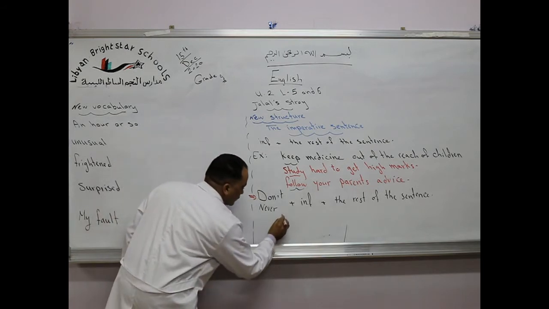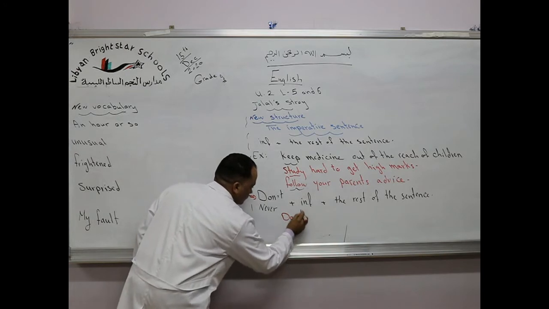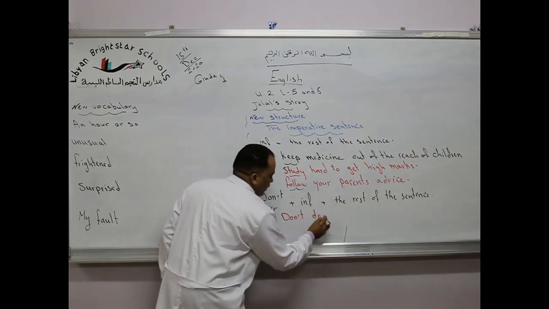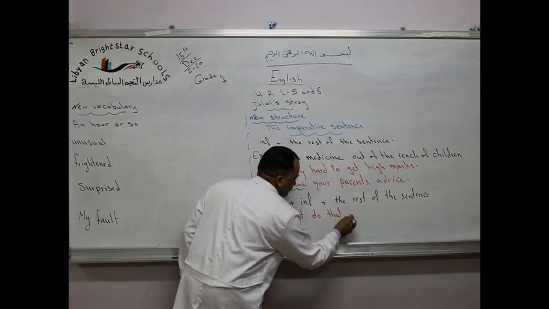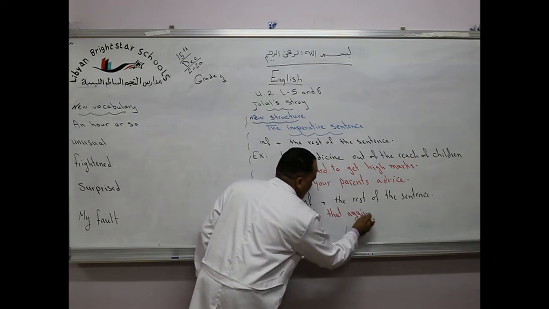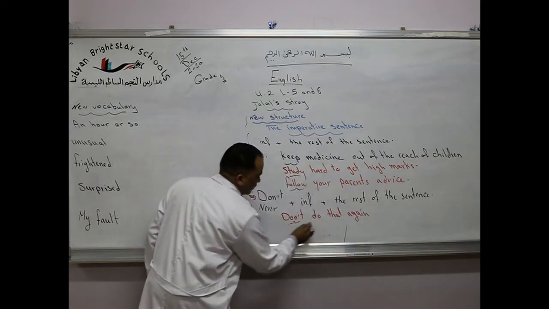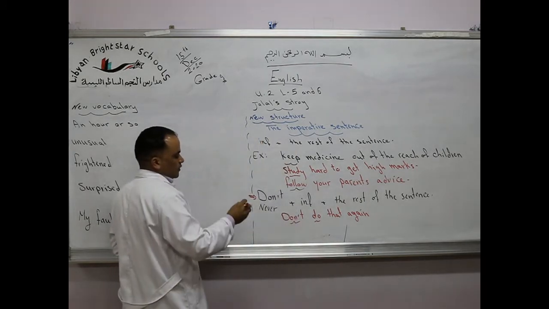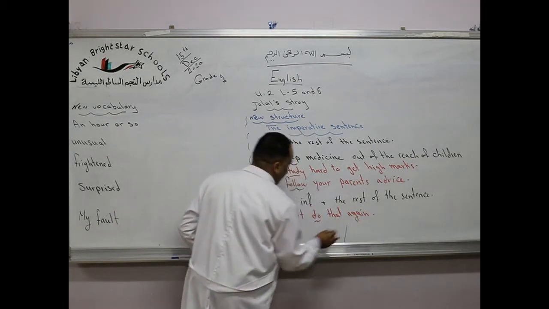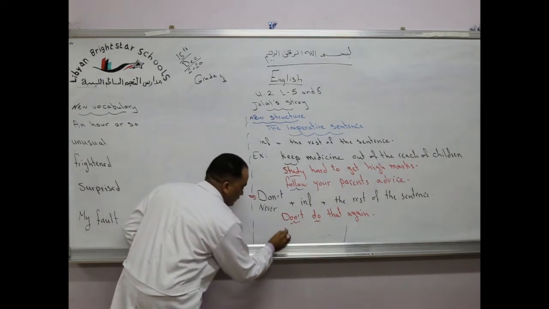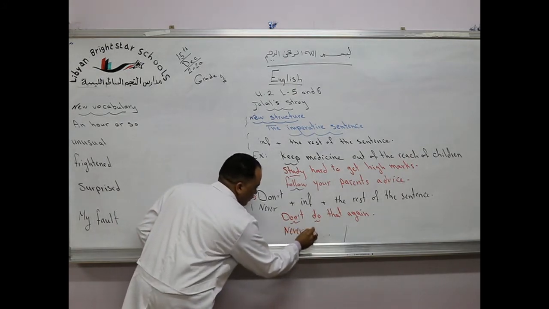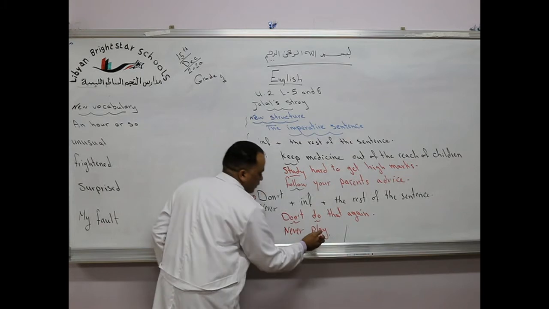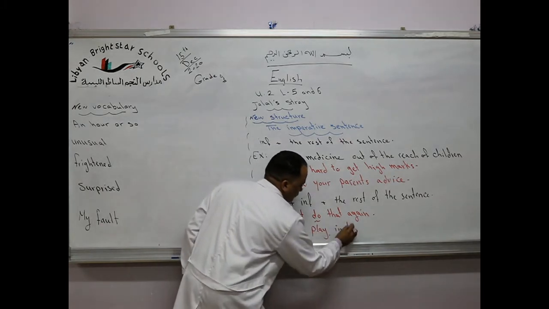For example, don't do that again. Here we have don't plus do, the infinitive form of the verb, plus the rest of the sentence. Or never play in the kitchen.